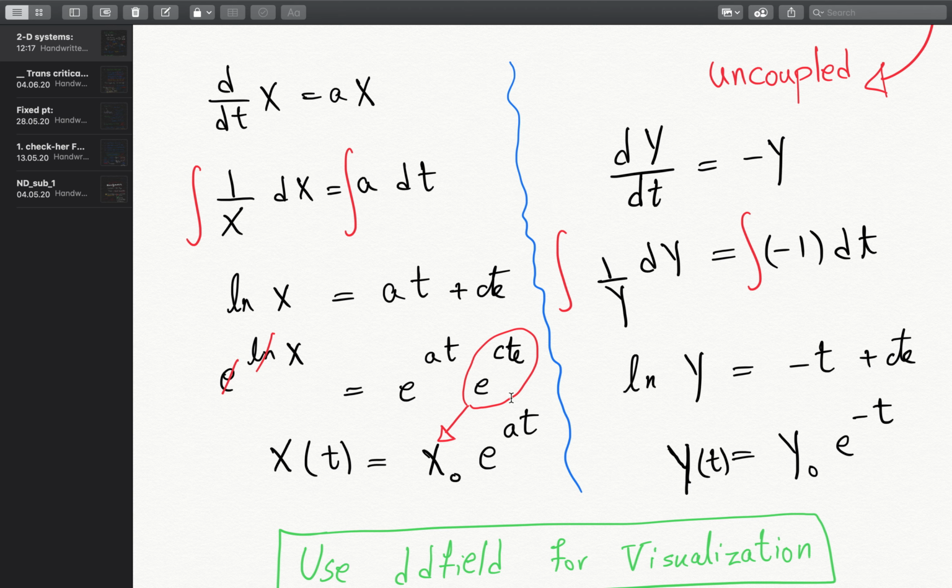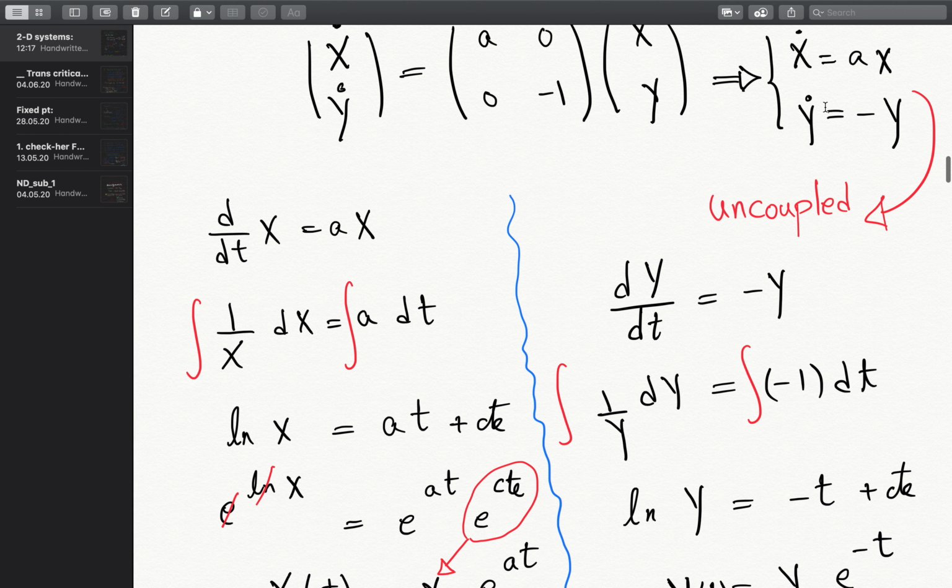And again this is a constant, so I put it as x naught, and I still have this e to the power at. And here this exponential function and this logarithm function with the base of the natural number are canceling each other out. Therefore, I have just x as a function of t. So x is equal to x naught e to the power at. You can also say this about y dot, right?